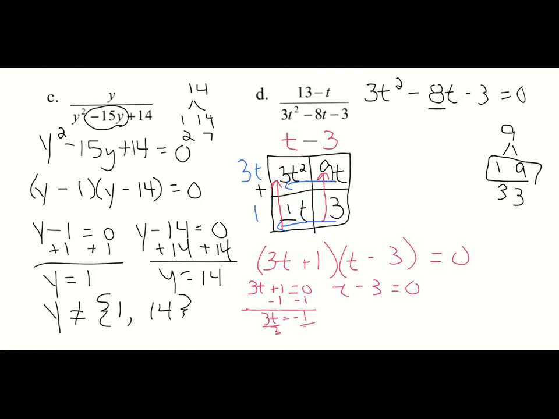Divide by 3. So t is equal to negative 1/3. And then for the other equation, we'll add 3 to both sides. So we get t is equal to 3. So here, my expression is defined for all values of t except t cannot equal negative 1/3 or 3.